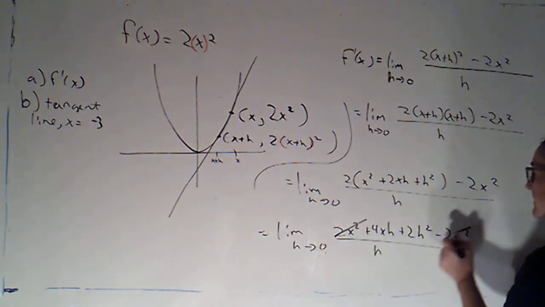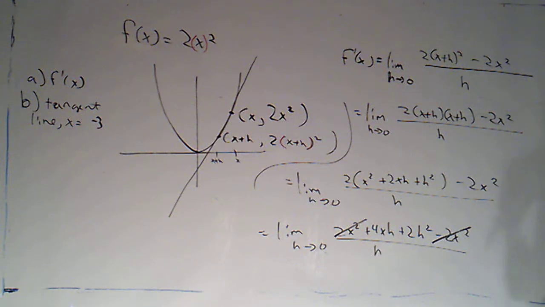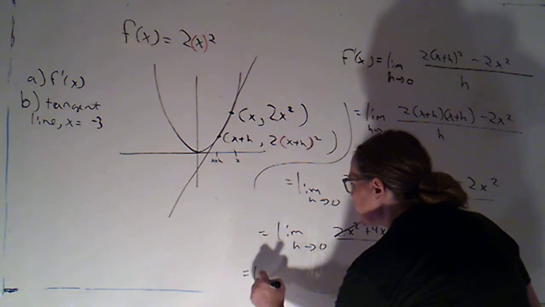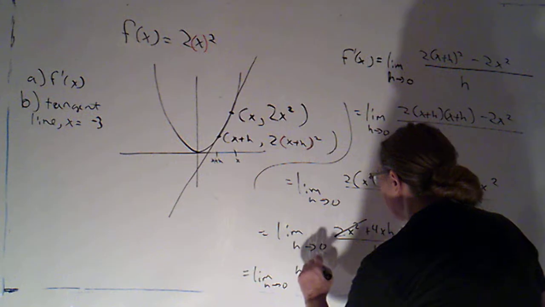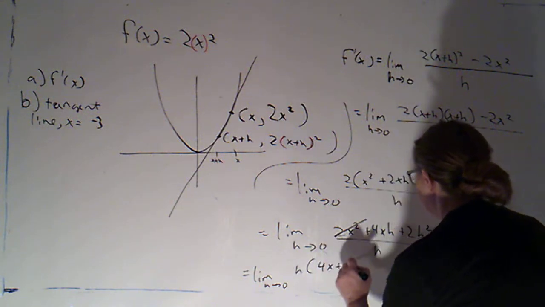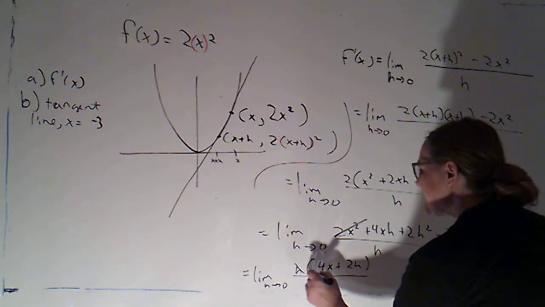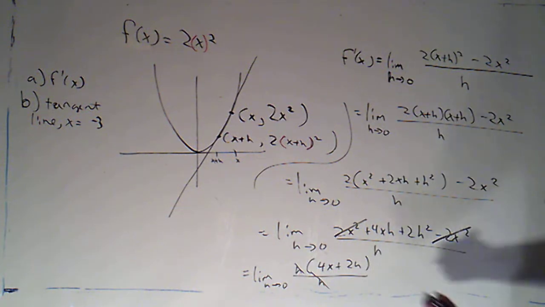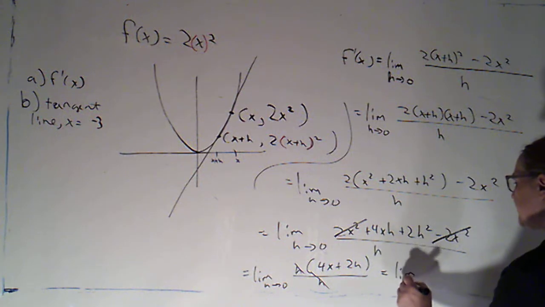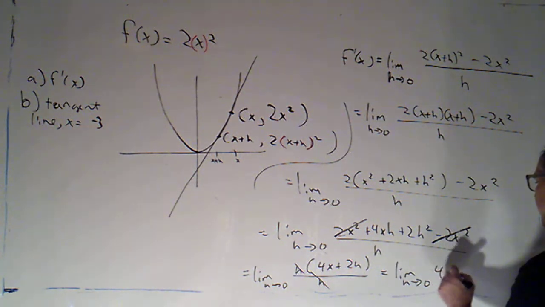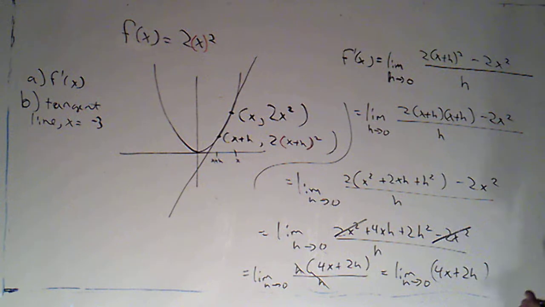The 2x squared and the minus 2x squared cancel, and now every term on top has at least one h in it. So I can factor out an h on the top, and then it's multiplied by 4x plus 2h over h. Now I can cancel those h's, and we're getting the limit as h goes to 0 of 4x plus 2h. But now I can plug in 0 for h, and so I'm just going to get 4x.